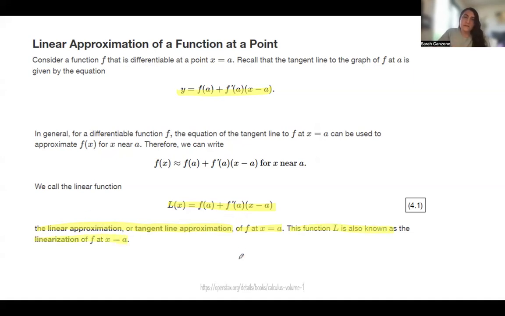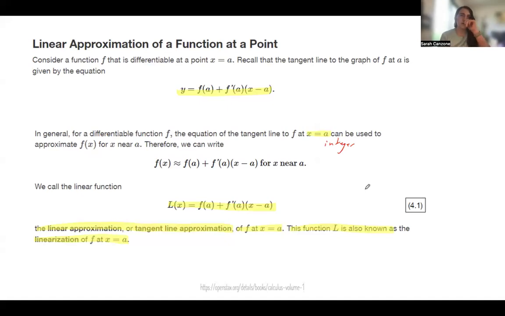So if you're looking to find the linear approximation, we are going to create this formula right here. The value a is going to be the integer x value, the closest integer x value to the value that we're trying to approximate.